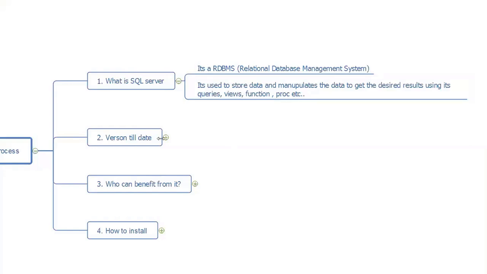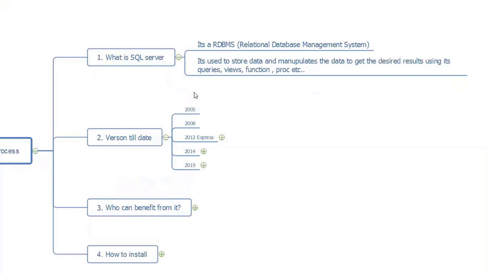So after that, what are the available versions? SQL Server has many versions available. In this video, I am starting from 2005 because 2005 is still used in most of the legacy projects, even in the corporate world.